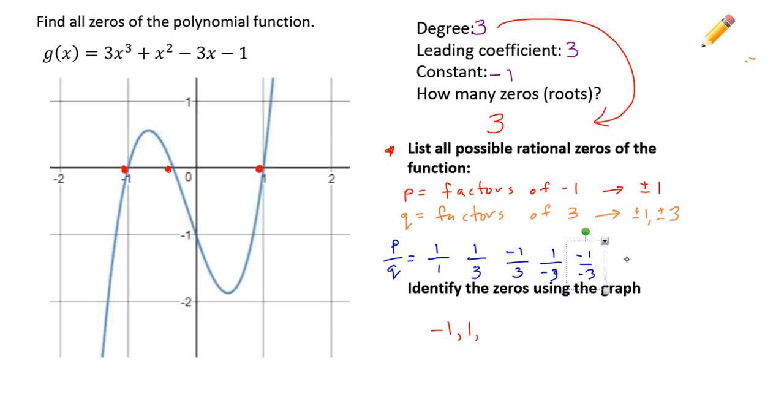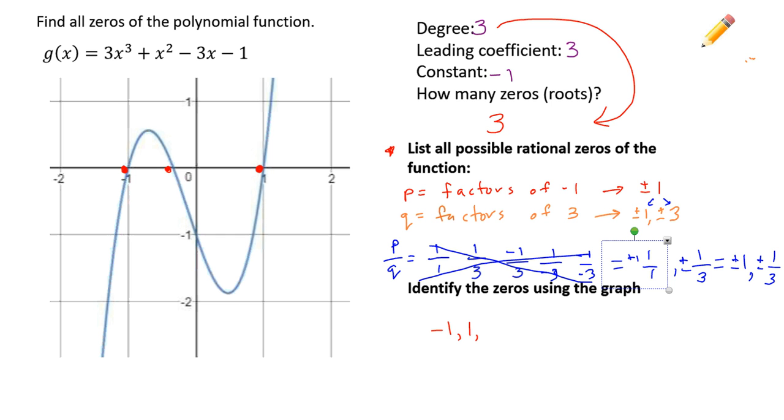You can go through the whole list, but it's simpler just to find the basic 1 over 1 and put a plus or minus in front of it, and the basic 1 over 3 with plus or minus. You don't even need to list all of these. You just take the P with that Q and put plus or minus in front of it. So we've got plus or minus 1 and plus or minus 1/3.